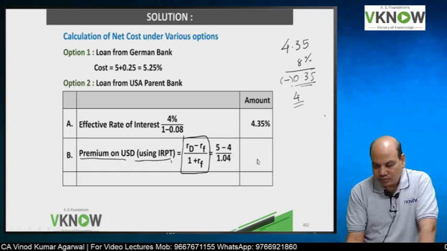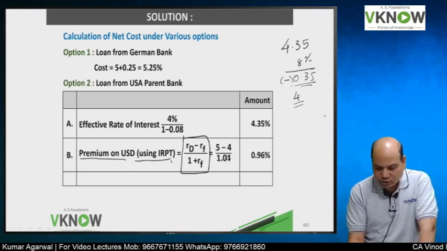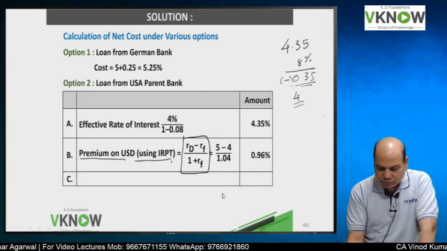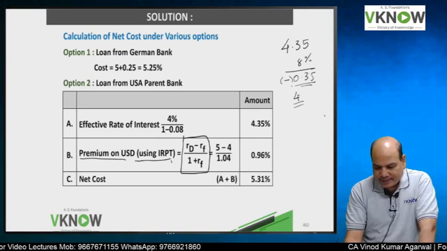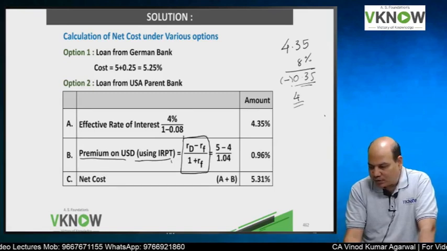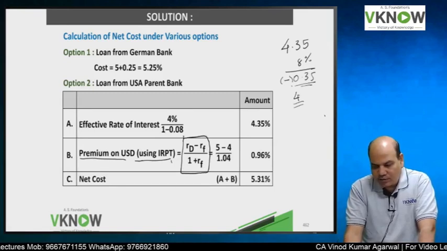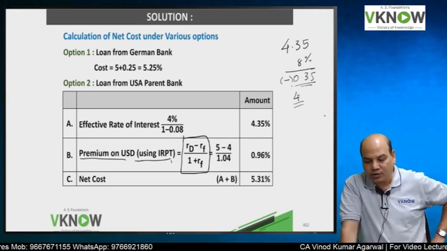So how much is that? 0.96. Net cost under the US parent bank option will be A plus B, 5.31%.